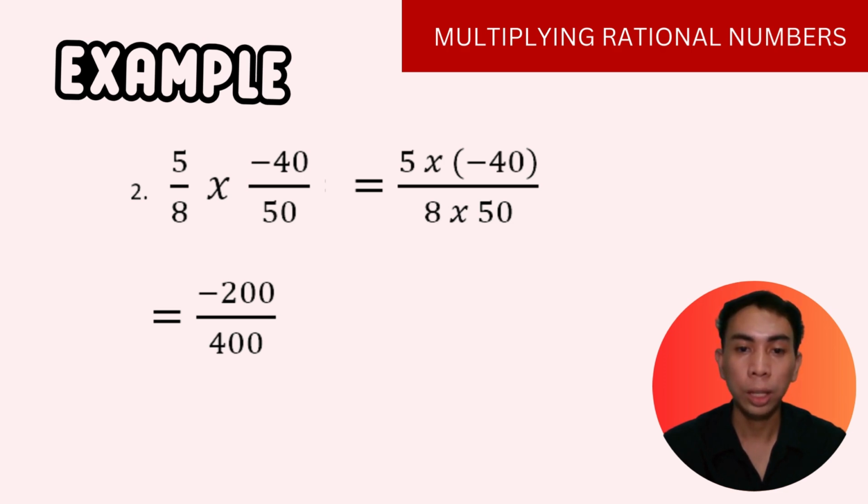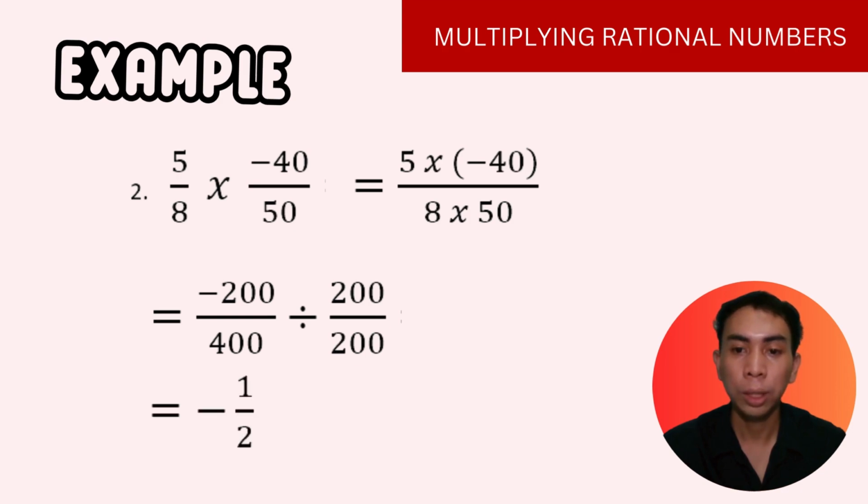So the resulting rational number is negative 200 over 400. This has a GCF of 200, so we divide both the numerator and the denominator by 200, which will yield negative 1 and 2. So we'll have a final answer of negative 1/2.